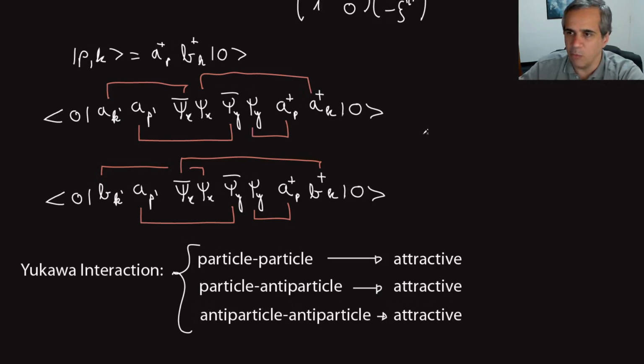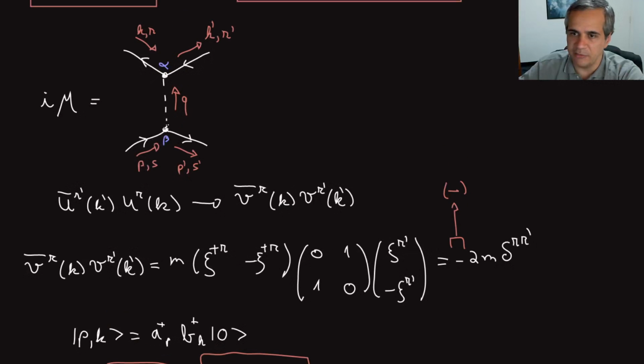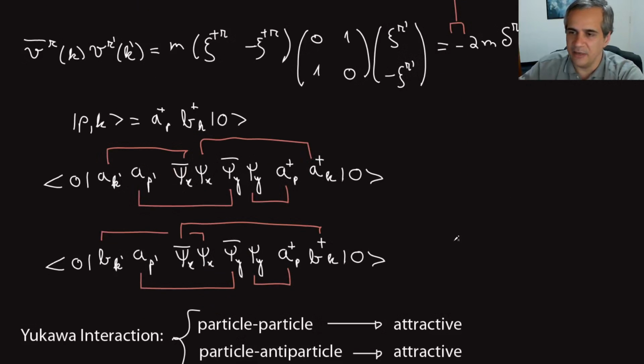When I change this line for an antiparticle, I'll again exchange the u's that I have here for v's, right? I'll get a sign here, but again, when I change this a and this other a for b's, I have to get an extra sign here, because now I'll contract this guy to the right and this guy to the left, right?